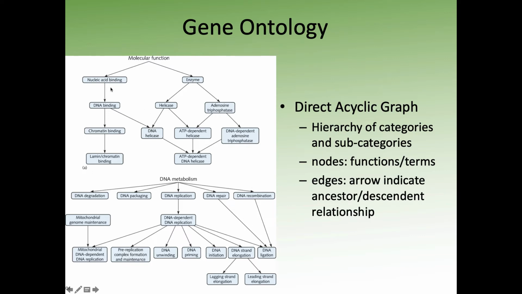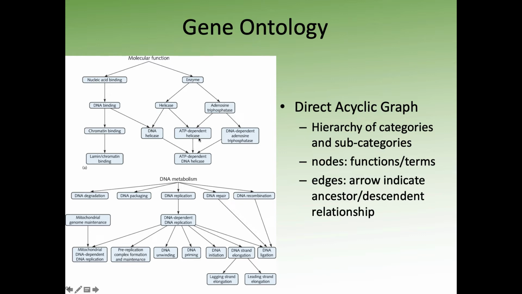And what you can see here is that there are different hierarchies or levels within the gene ontology in both the molecular function and biological processes, right? And each of these levels indicate categories and subcategories. We tend to think of each node as being the function or term, right? Whereas the edges between these nodes indicate some sort of ancestor-descendant relationship.